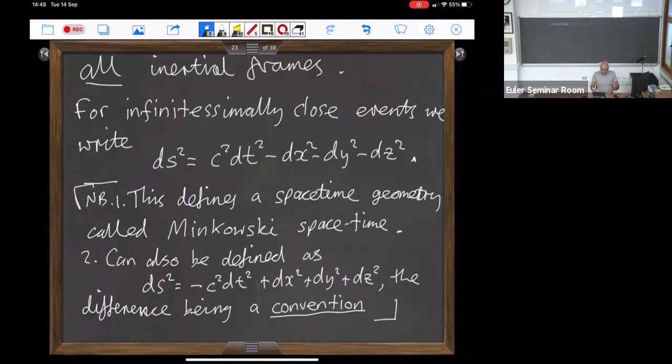And you'll learn more about what these things are, for example, in the general relativity course. Just to make connection with that course, this metric, this infinitesimal form of the interval, defines what's called the Minkowski space-time metric geometry. But we don't need to worry about those words in this course, apart from maybe the word Minkowski.